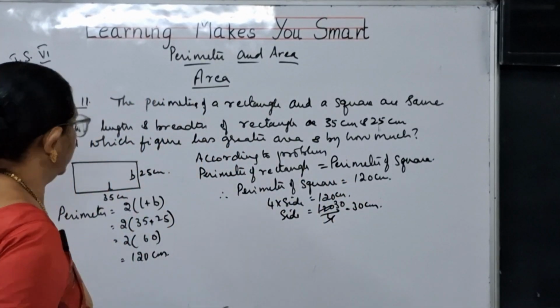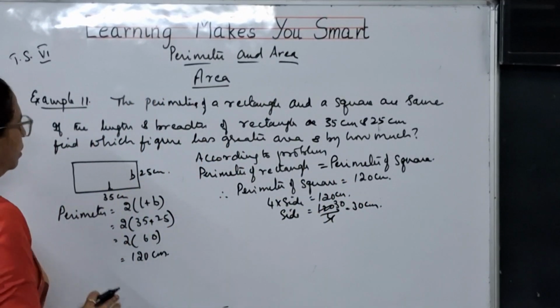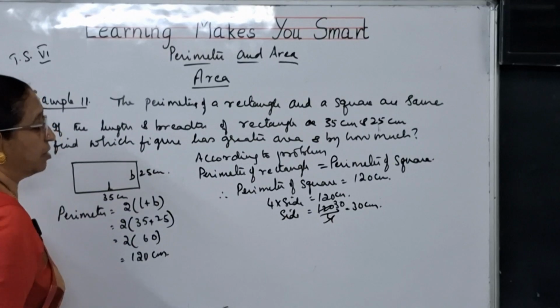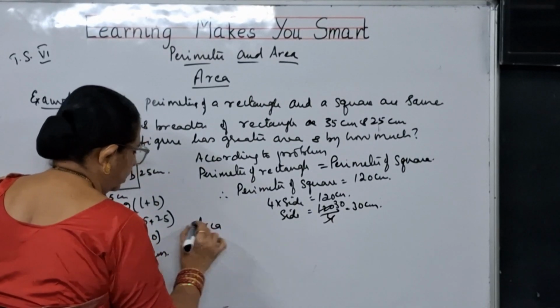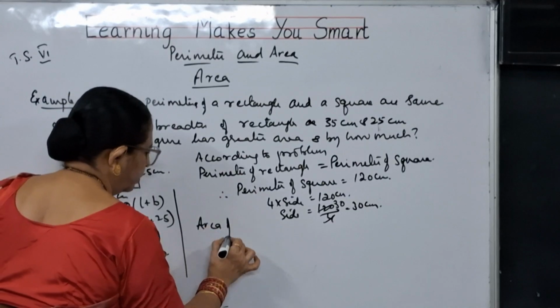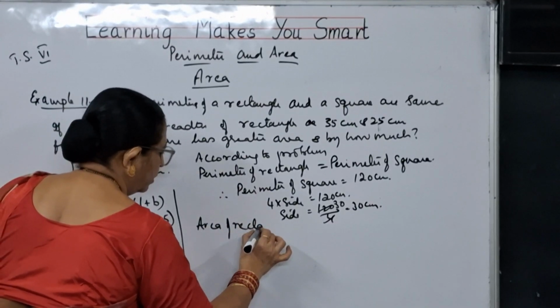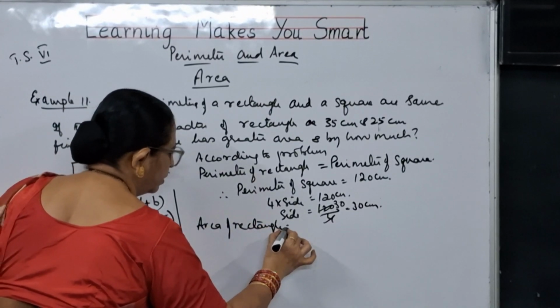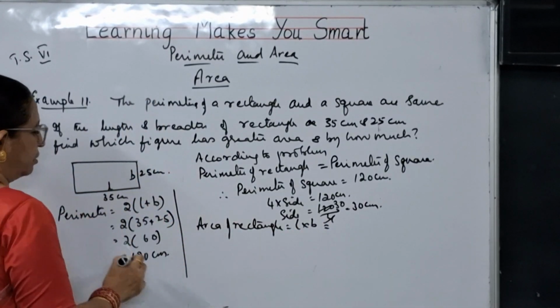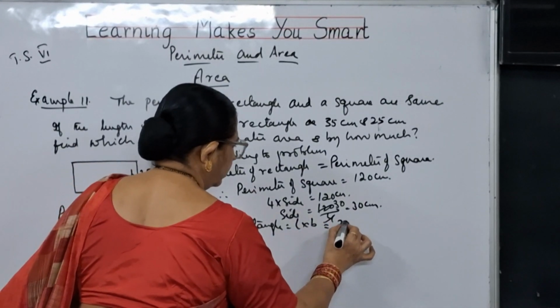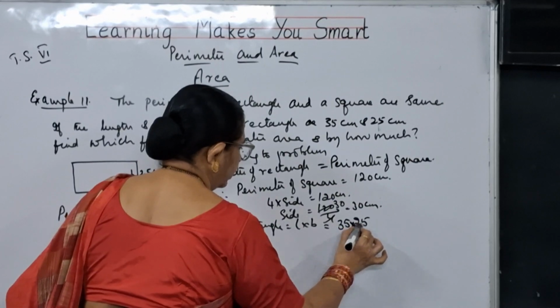But what is he asking? He is asking to find which figure has greater area. So find out first what is the area of rectangle. Area of rectangle is L into B. Length is 35 into breadth is 25.